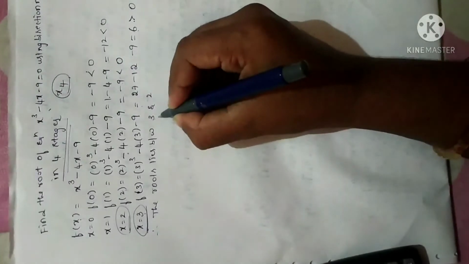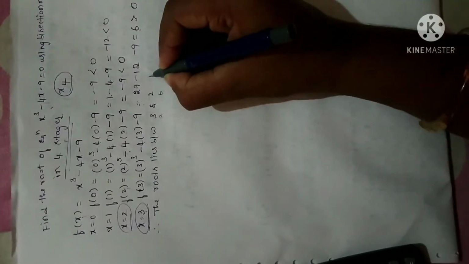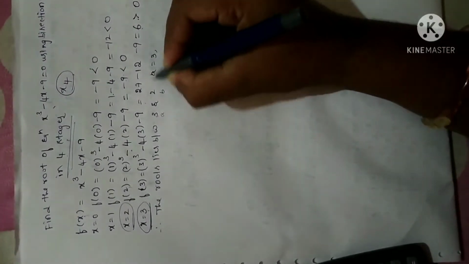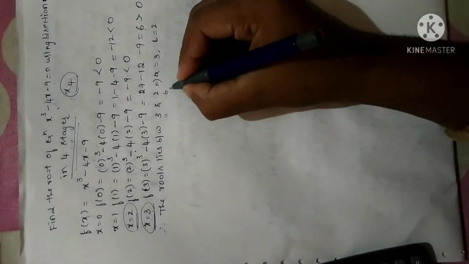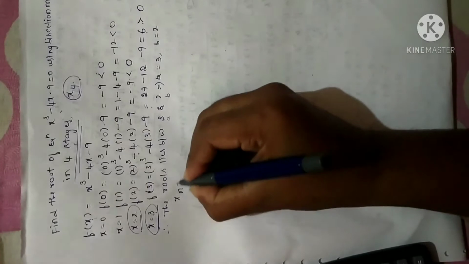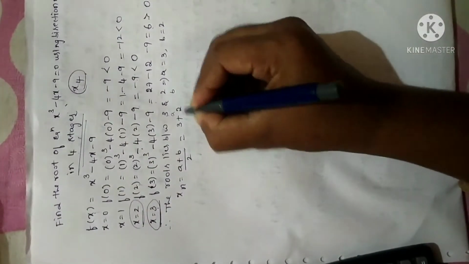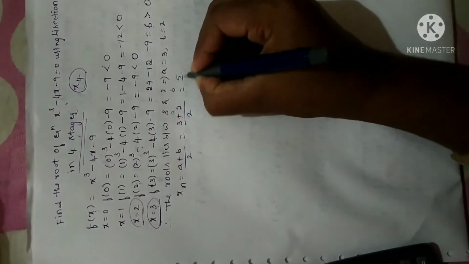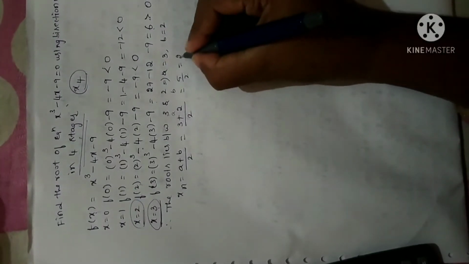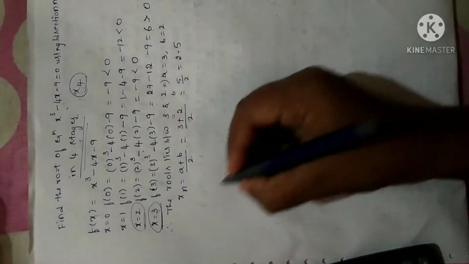Take the first value as a and second value as b, that is a is equal to 3 and b is equal to 2. Now use the bisection formula given by xn is equal to a plus b by 2, that is 3 plus 2 by 2. You will get 5 by 2. I can write that as 2.5. Right? Anyhow, in the first iteration it is 2.5.